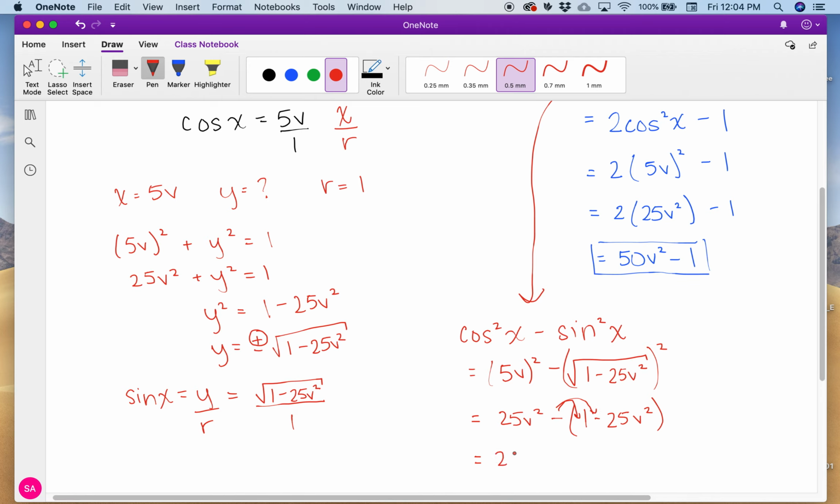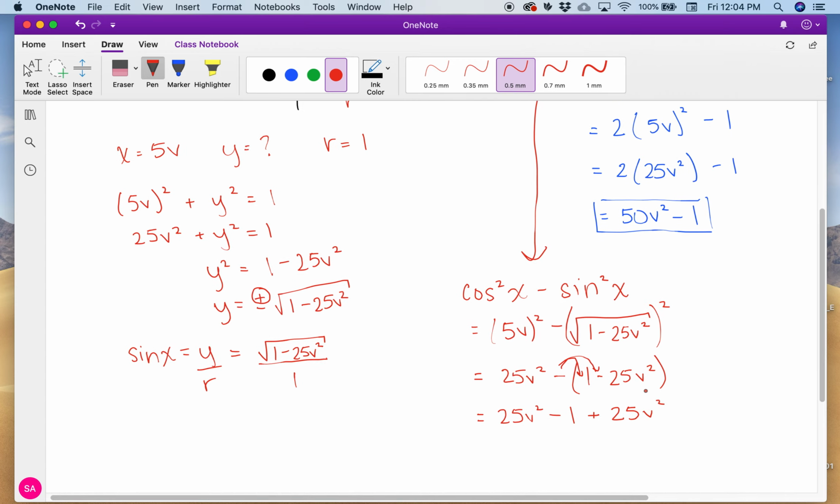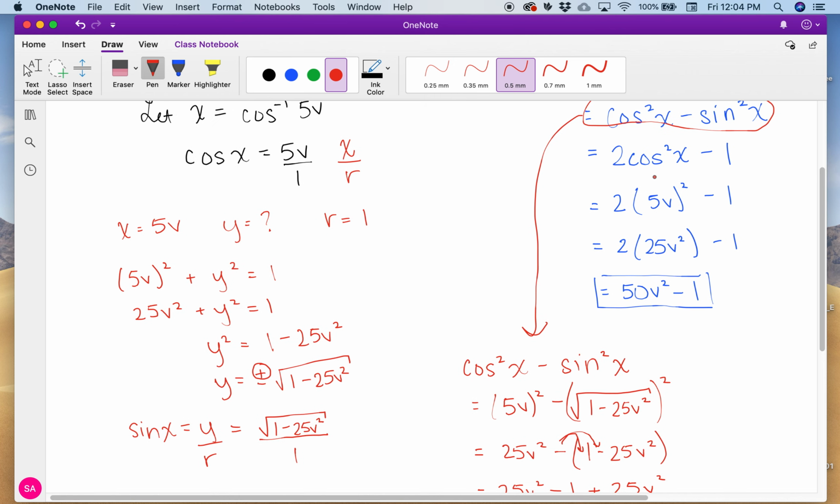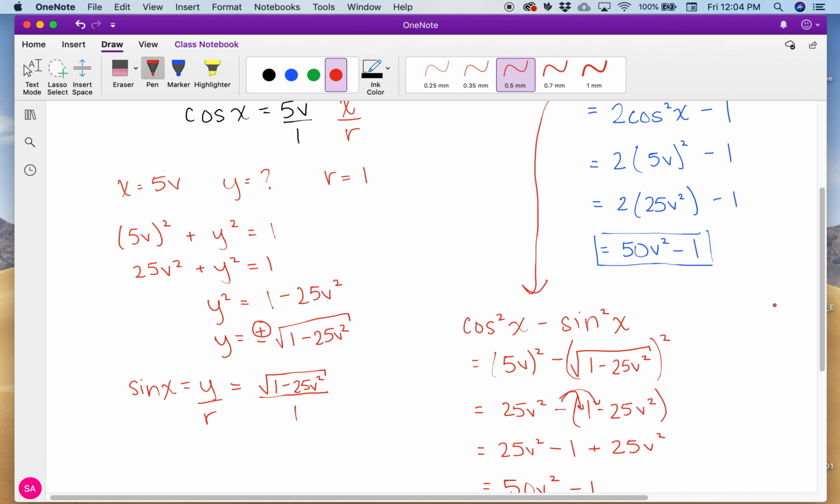So doing that, we get 25v squared minus 1 plus 25v squared, and voila! We add those terms together, we get 50v squared minus 1, which is exactly what we got, only using the 2 cosine squared x minus 1 formula.